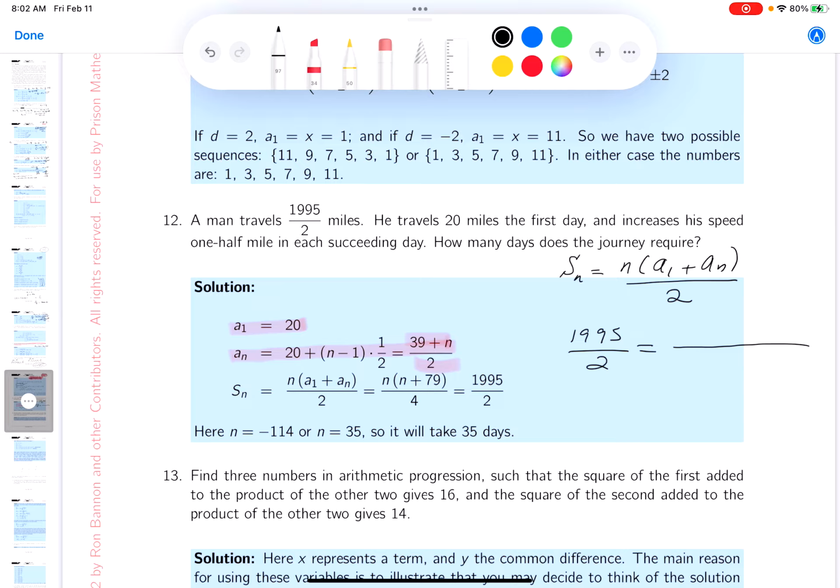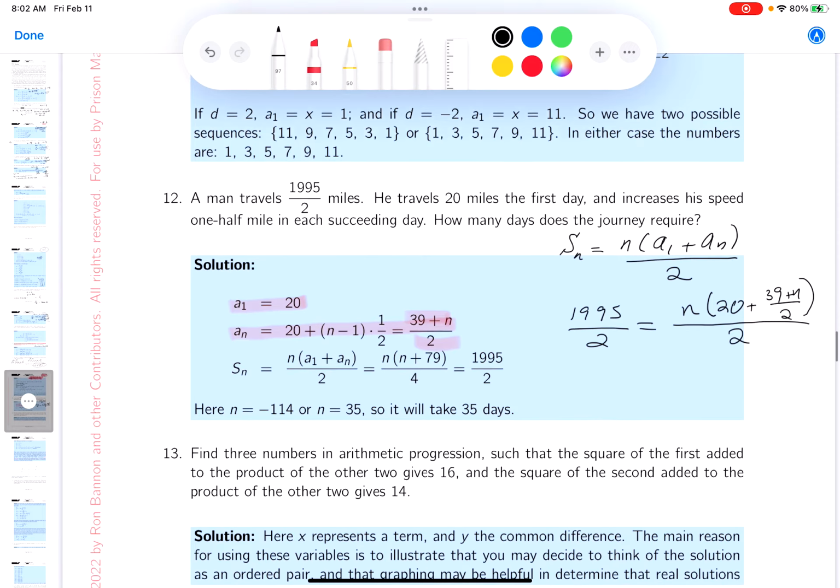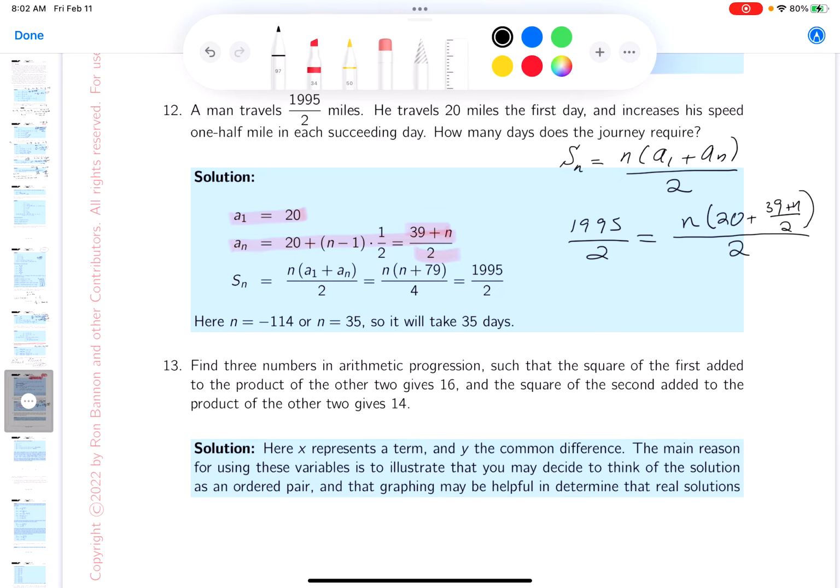How many days? Well, let's write this down. N, I don't know how many days, over 2, just writing the formula down. A1 is 20. And do you know what AN is? And I do, I just did it. It's 39 plus N over 2. I'll put a parentheses on that. Now, by the way, I'm going to simplify it, and I want to see if I can do that quickly.